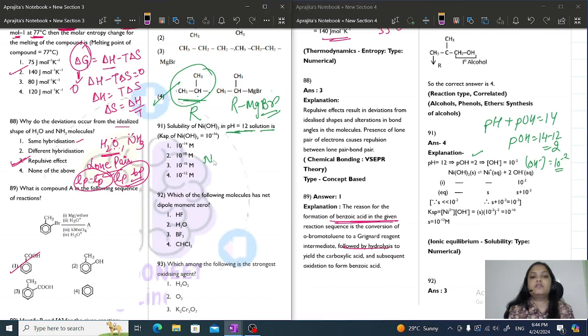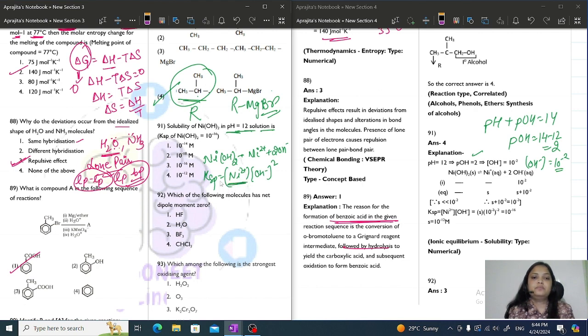Now nickel hydroxide will ionize as Ni2 plus and 2 OH minus ions. So in this case the Ksp would be [Ni2+][OH-] squared. We need the solubility of Ni.